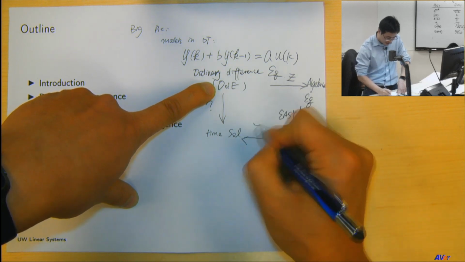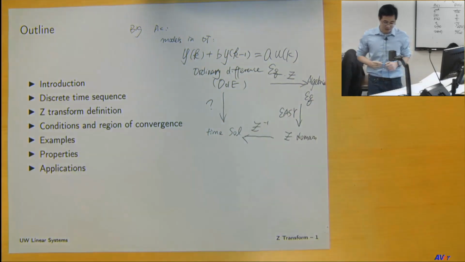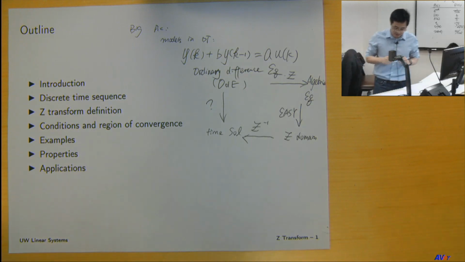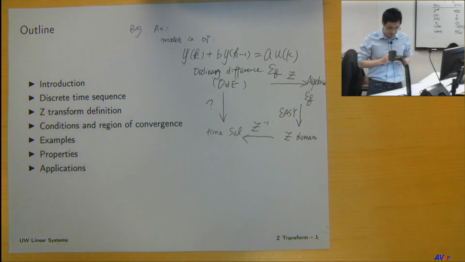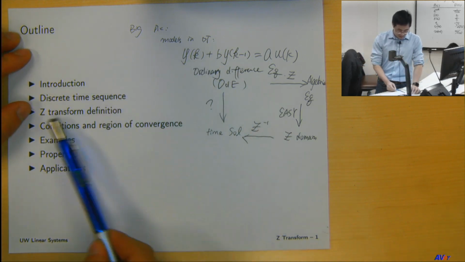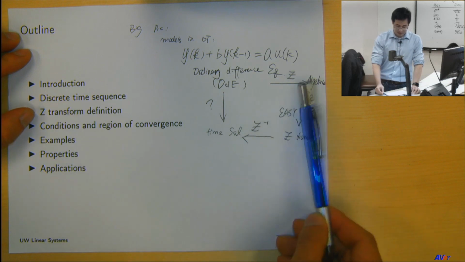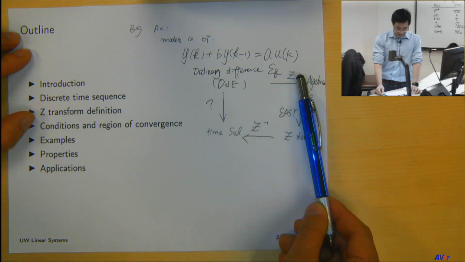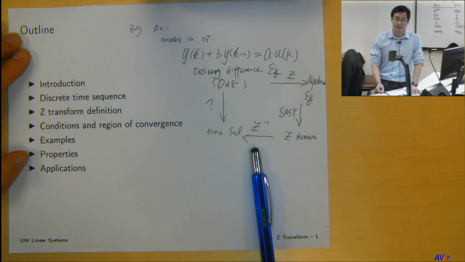And then we can use the inverse Z transform to go back to the time domain. That is the big picture. Some terminologies, and then we're going to talk about how it is defined, what kind of property it must satisfy, and then give you some examples.